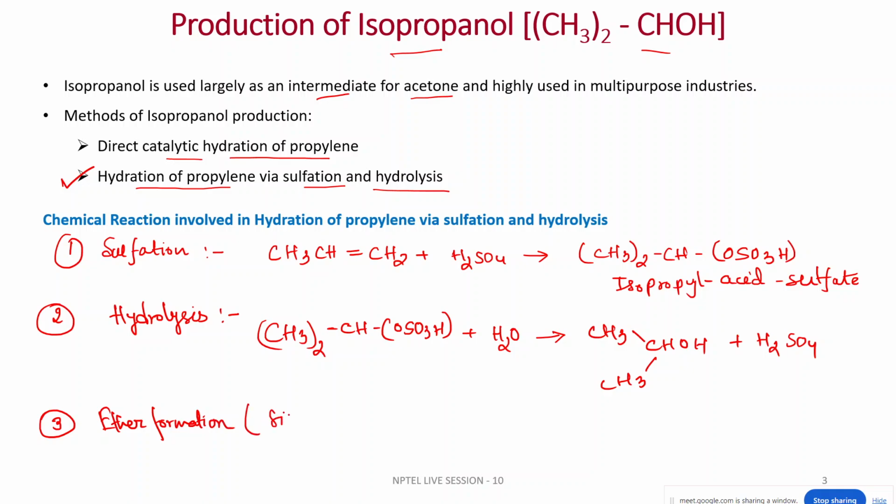which is considered to be a side reaction, in which there is also some diisopropyl sulfate.